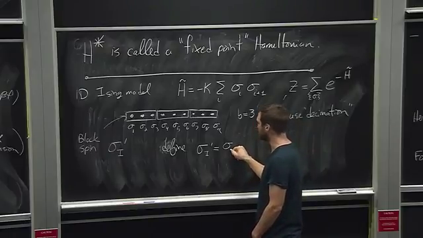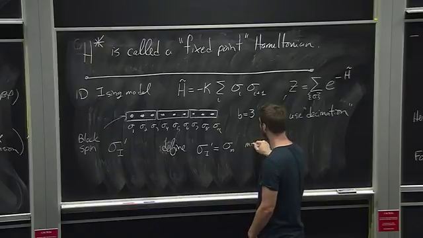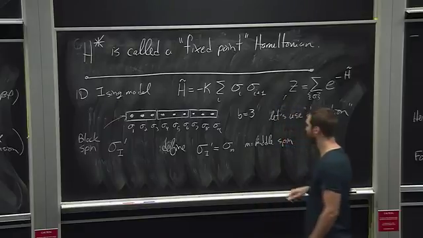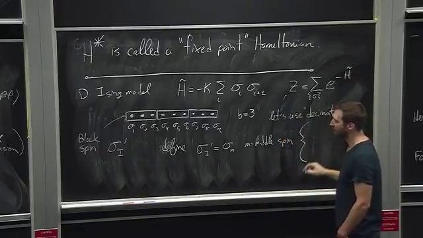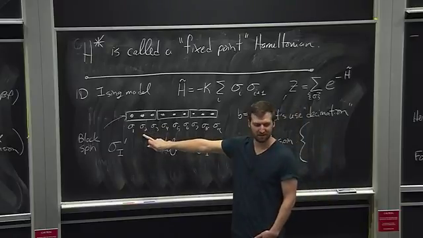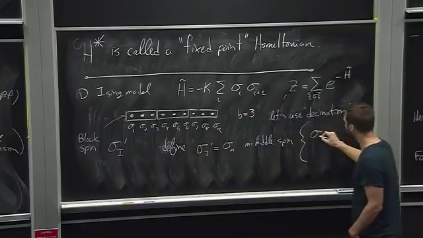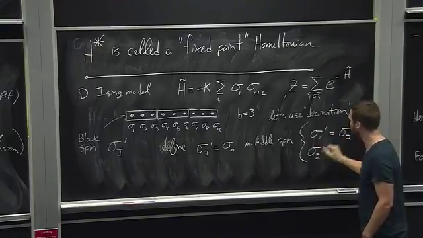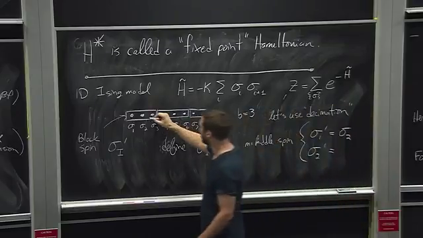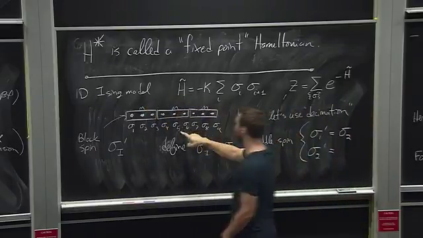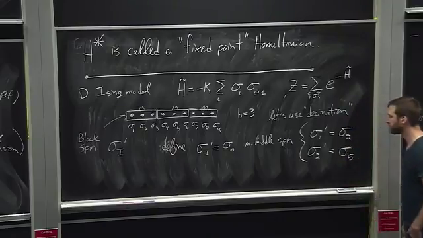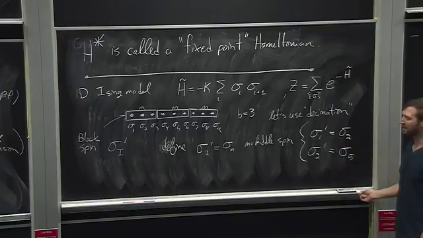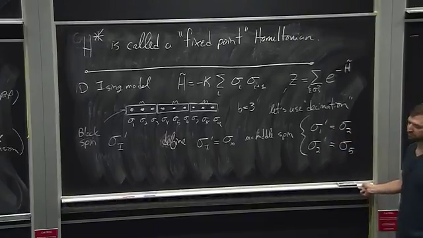I've run out of imagination. M, middle. Okay, so I have a block spin here. Sigma 1 prime is just equal to sigma 2. Sigma 2 prime is the center, the middle. Here's the middle, here's the middle, sigma 5. So I'm going to write my new Hamiltonian in terms of those degrees of freedom, tracing out the other spins.